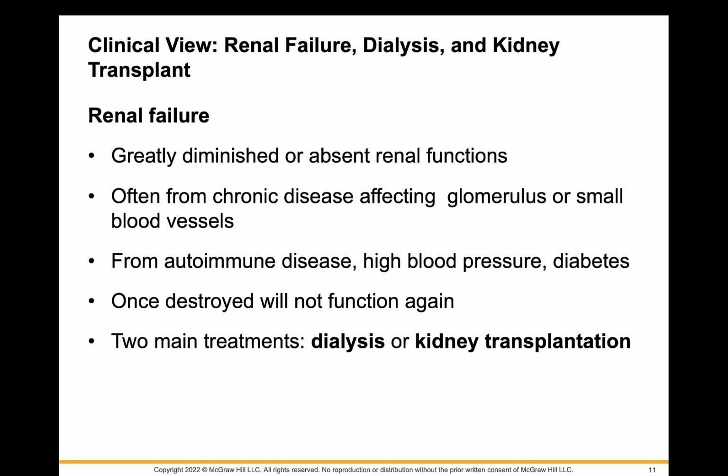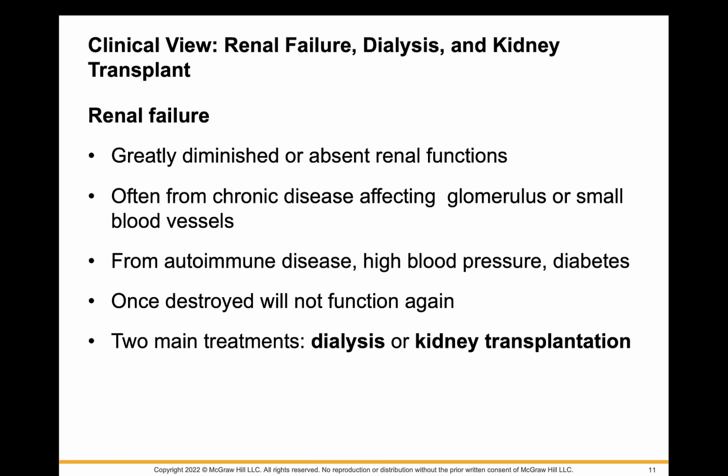And a big part of this is due to the relationship between kidney failure and diabetes. So when we talk about renal failure, what we're looking at is a greatly diminished or complete absence of renal function. Generally, this is due to chronic disease affecting the glomerulus or small blood vessels.